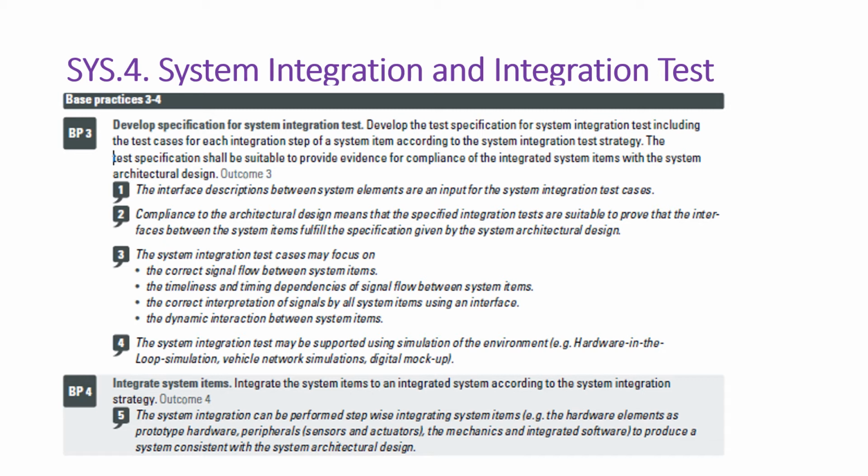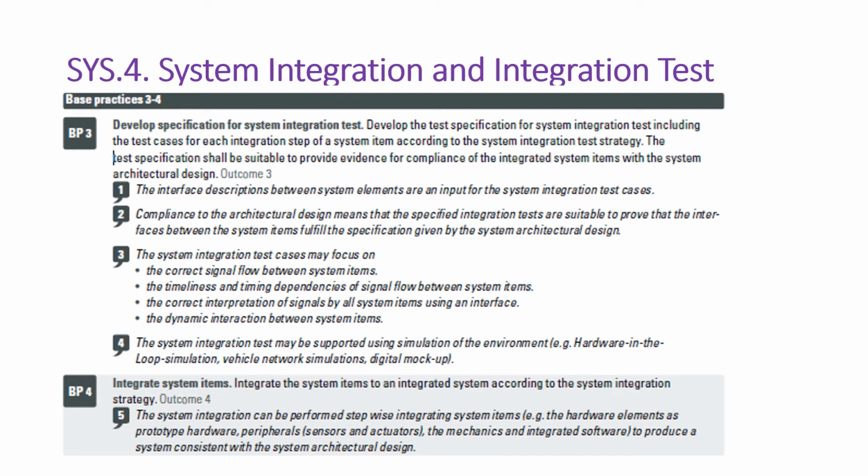The same way, while defining the test cases, we have to see the correct signal flow, meaning how one system communicates with another, and how much time it takes. If it takes 1 millisecond, but it should ideally take 0.5 millisecond, then there is a 0.5 millisecond delay, right?